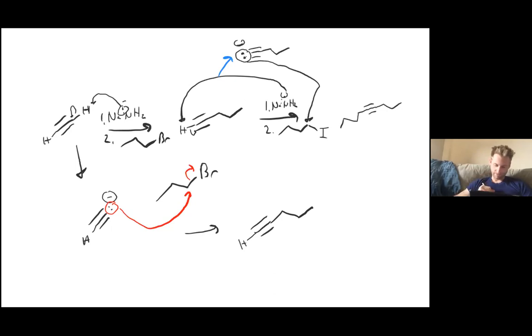So if I'm counting these out, I'm going to mark this 1, 2, 3 here. Over on our molecule up here, this would be 1, 2, 3. Same thing over here, 1, 2, 3.